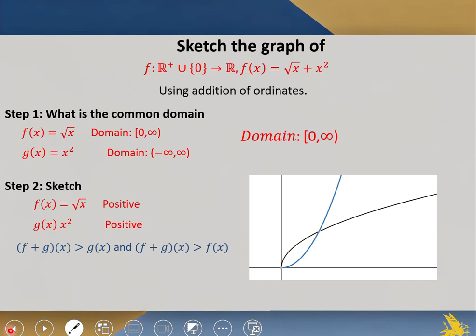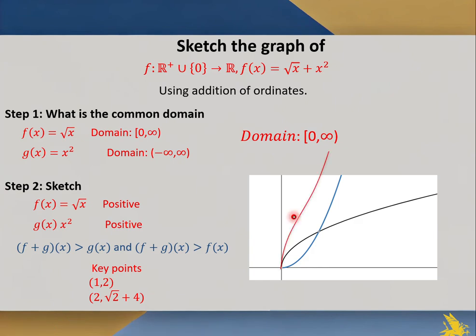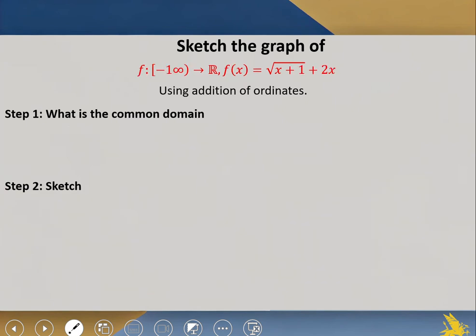Okay, so if I look at just the two that we have, we know it's going to be starting at the origin, and we know it's going to be increasing, and it'll be going up here. We can work out a couple of key points, which I've got here: 1 and 2, and 2 square root 2 plus 4, to help us graph it.